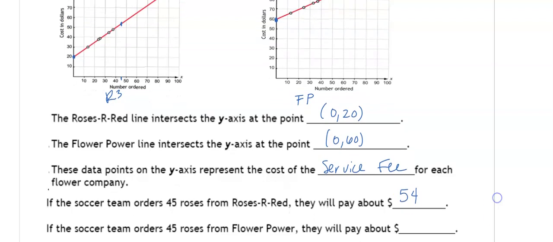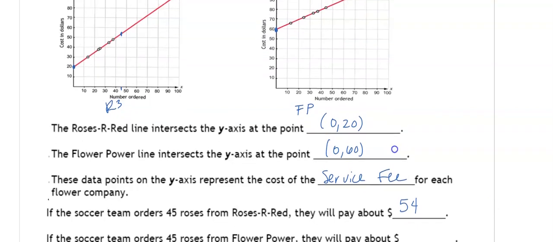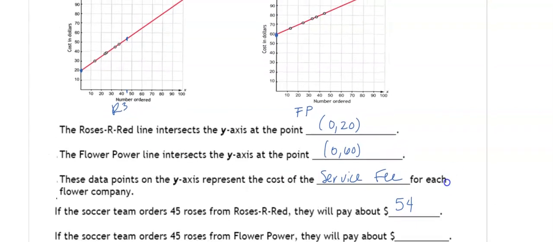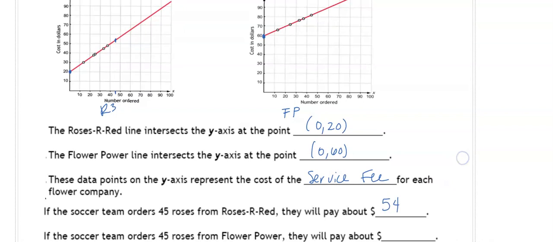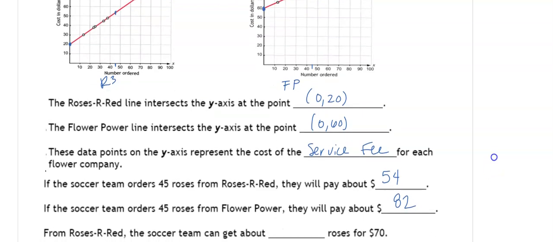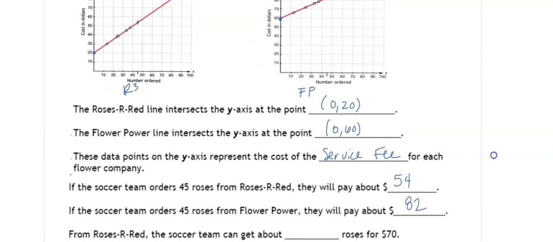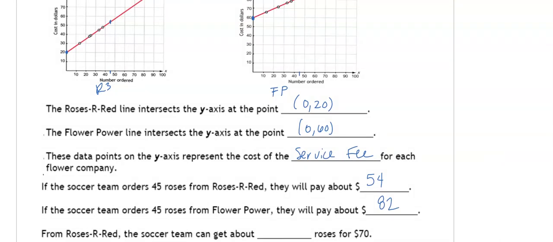And then if we did the same thing for flower power, we would say, zoom out just a little bit, 45 roses is about here. We're going to move up along that point, which goes right there, which is about $82. I hope you agree with me. 82, 81.